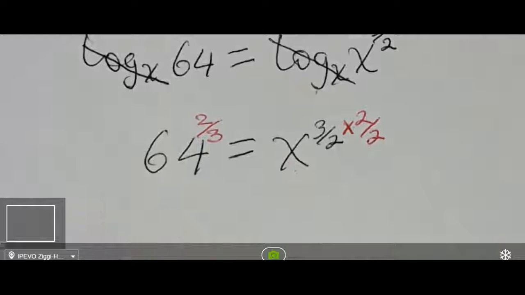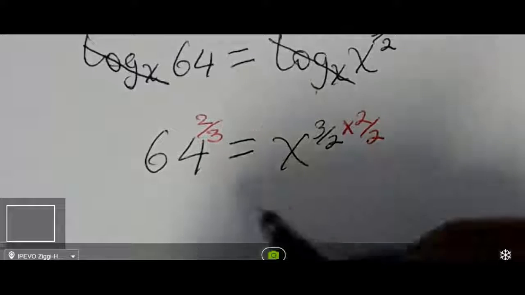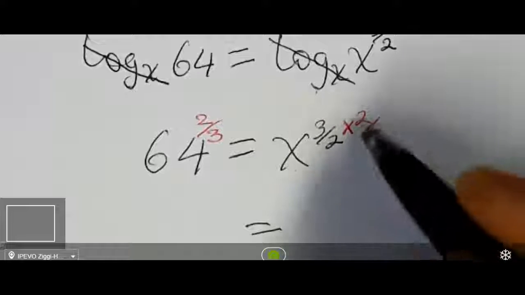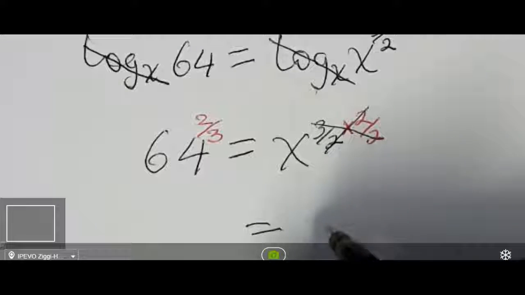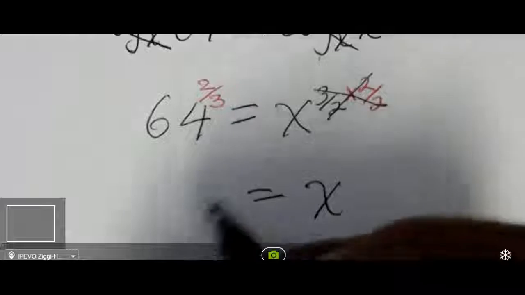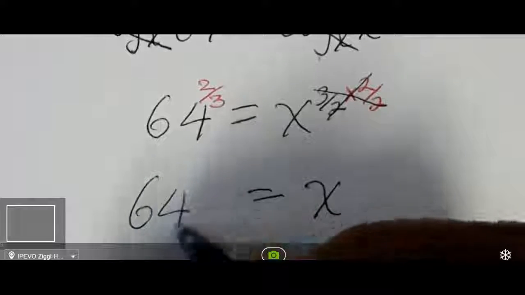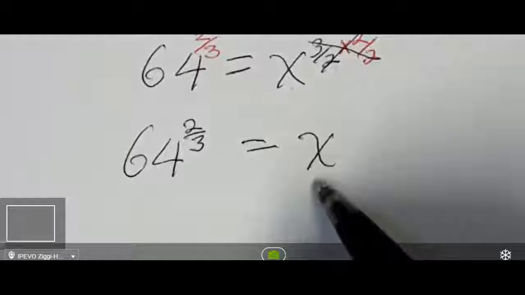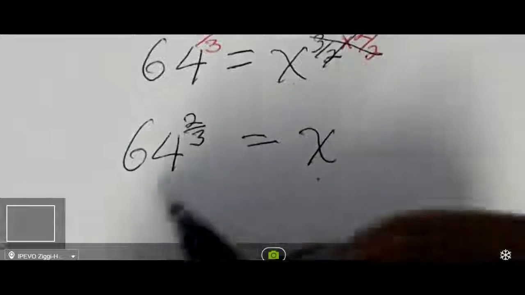So the exponent for the 64 is 1. So you multiply that, you get the same thing. So this crosses out, and we have x equal 64 to the power 2/3. And so x is by itself, so we just need to simplify this side.